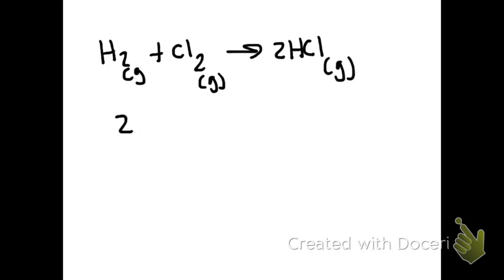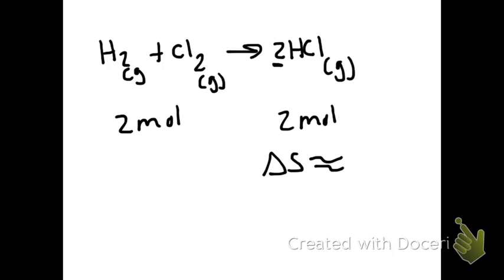So that gives us 2 moles of gas on the reactant side. But we also have 2 moles of gas on the product side. So what is the sign for delta S? Well, in this process, because we're creating 2 moles of gas, and we started with 2 moles of gas, the net change is 0. The delta S is not changing. So in other words, the system is not becoming ordered, nor is it becoming disorganized. It's essentially staying the same in this process here.